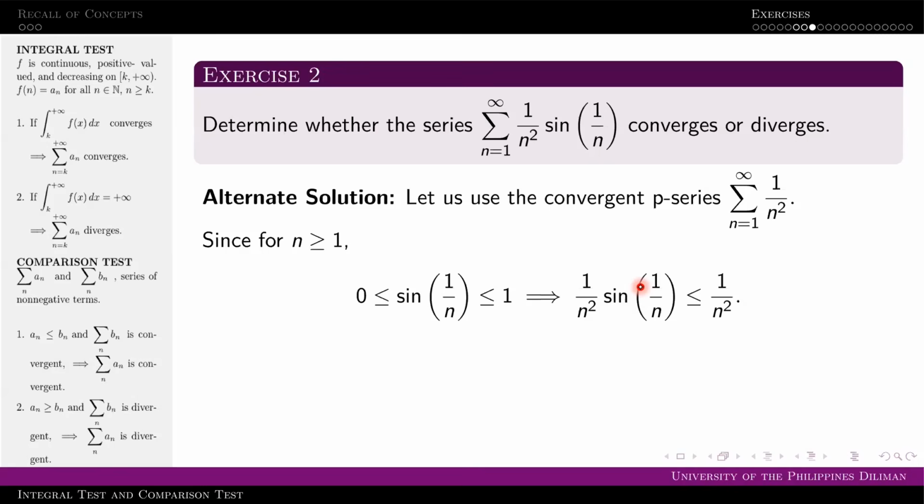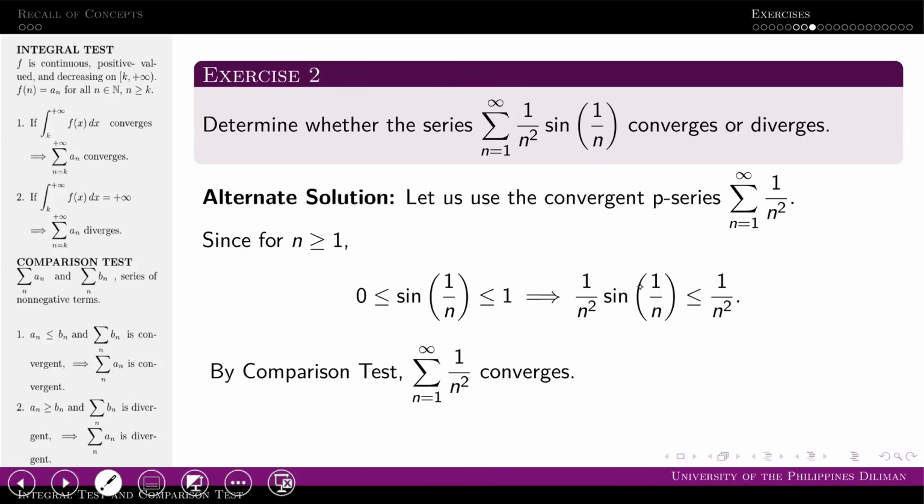So, we can conclude that by comparison test, yung series natin converges indeed. So, again, we have proven using integral test and comparison test kung ano ang convergence or divergence ng series na to. So, we now move on to exercise 3.